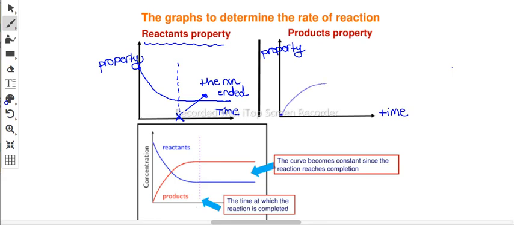Then at the end of the reaction, it will become constant. So when the curve becomes flat, this is an indication that the chemical reaction has ended. So these are the two different shapes of graphs that can be used in order to determine the rate of reaction.